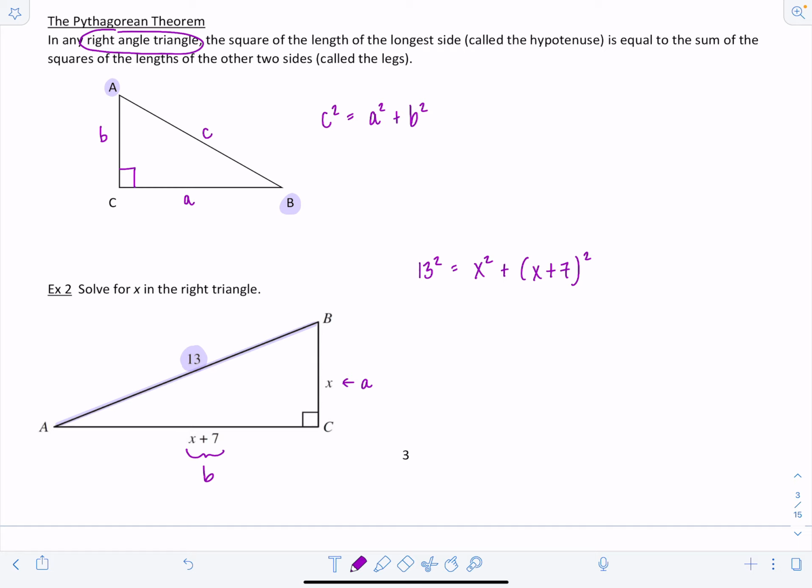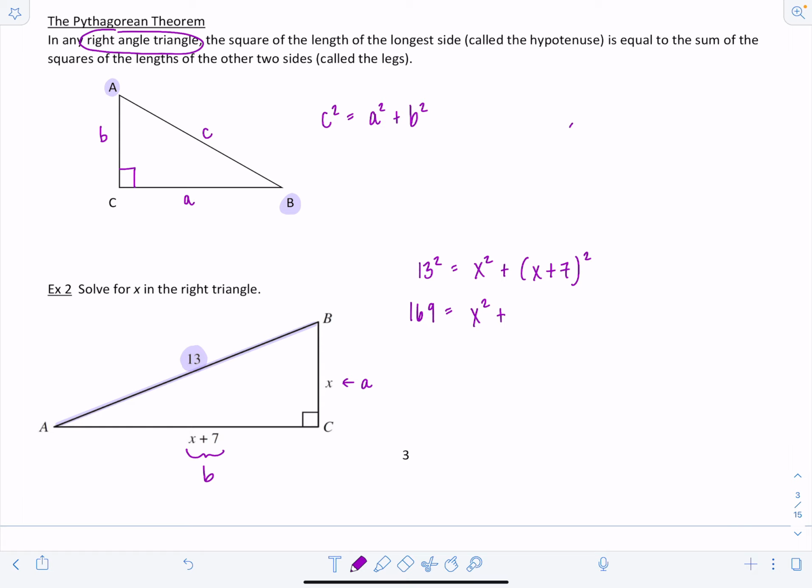All right, very good. Now we have to solve this quadratic equation. Now, if it's been a while since you took some algebra, you might need to refresh a little bit on solving quadratic equations. I'm going to square 13, that's 169. This is equal to x squared plus, now please be so careful when you multiply out x plus 7 and you square it, because it's not x squared plus 49.